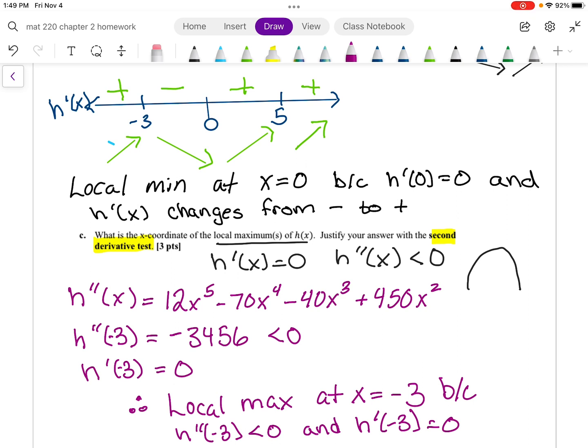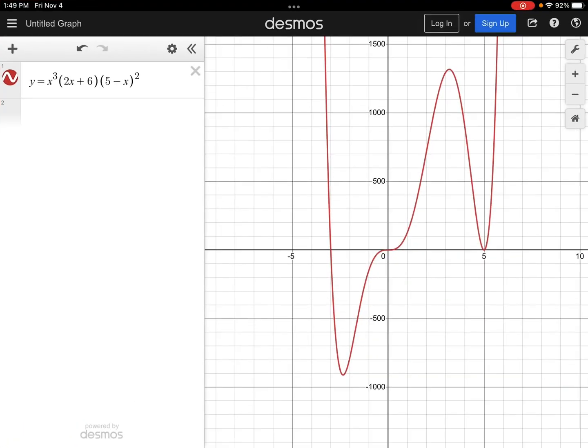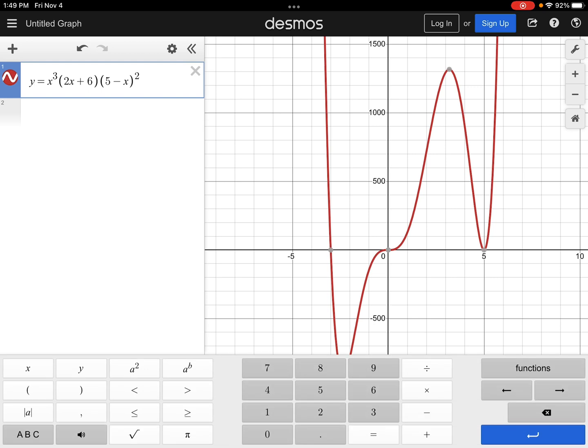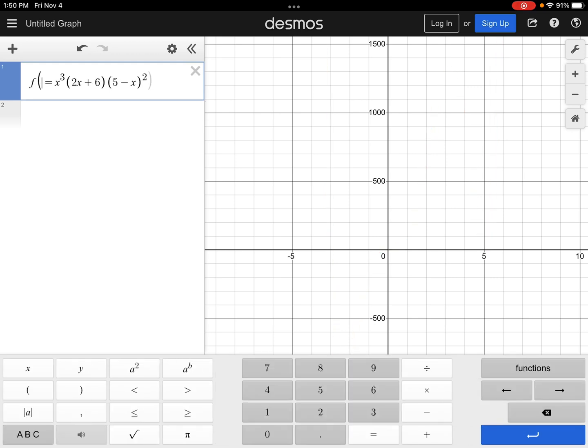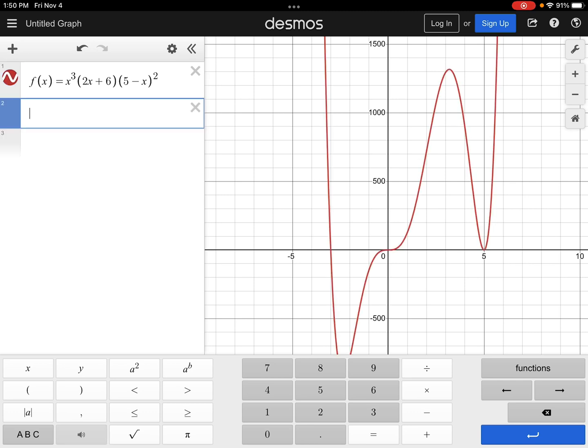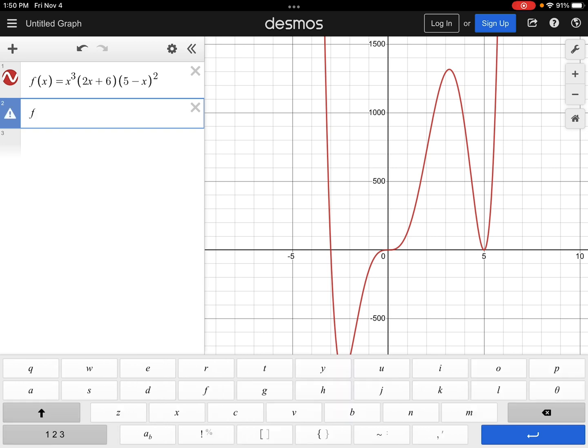That's my second derivative test justification. Now, again, I can check this in Desmos. So if I were to go back to my Desmos graph, maybe I'm going to actually name this. We'll call it f of x. And let's say I was struggling finding the derivative. Remember, we can have Desmos find derivatives for us.